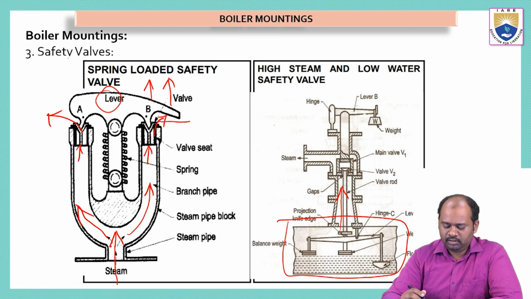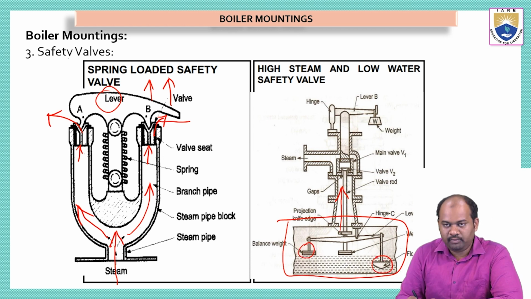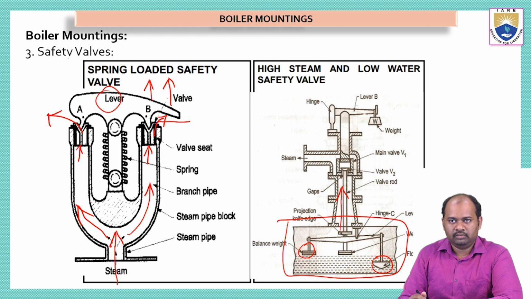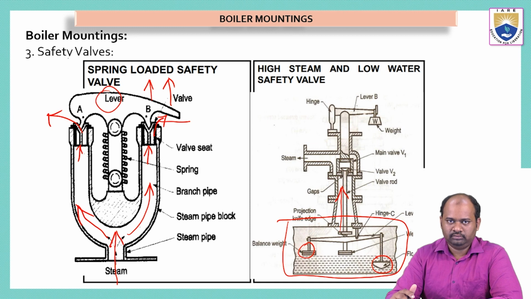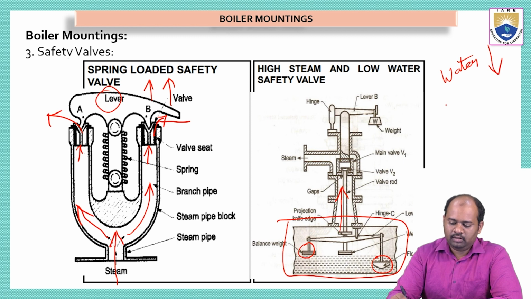Now we have a balance weight and we have a float. Whenever the level of water decreases, this directly indicates that steam is increasing. If the water in the tank decreases, steam will increase. Because we cannot remove the water, we have to convert the water into steam.